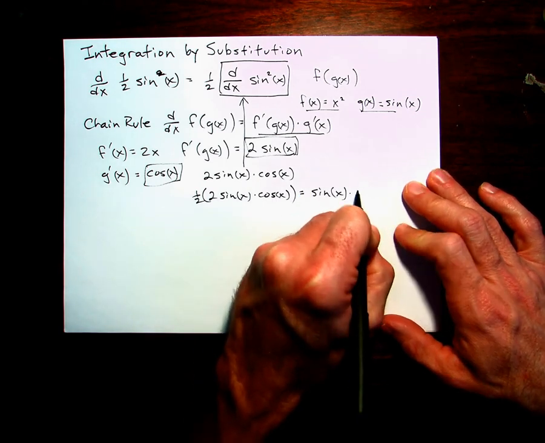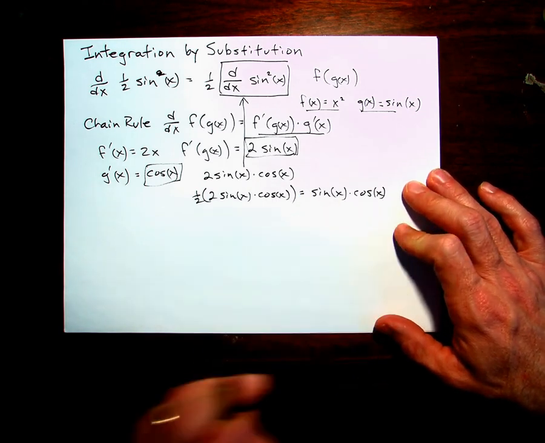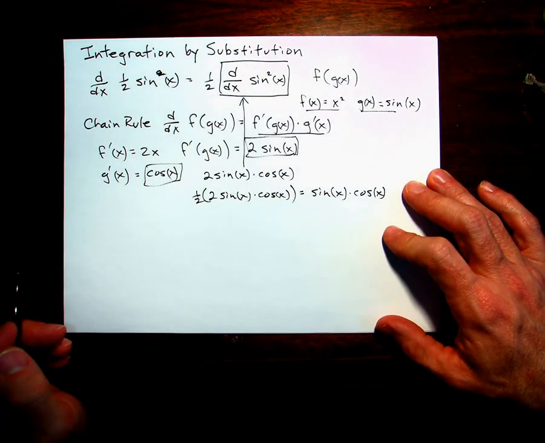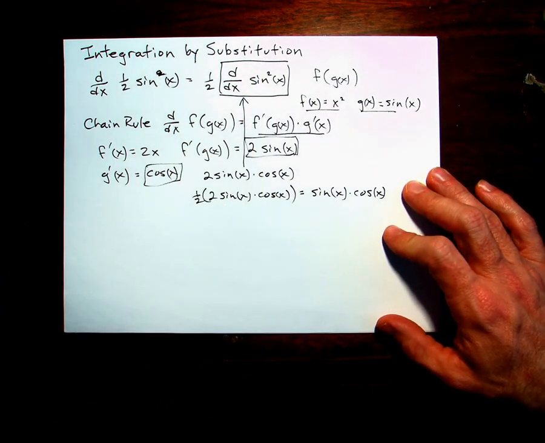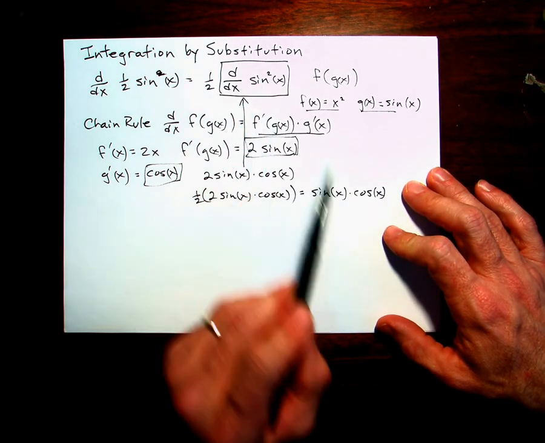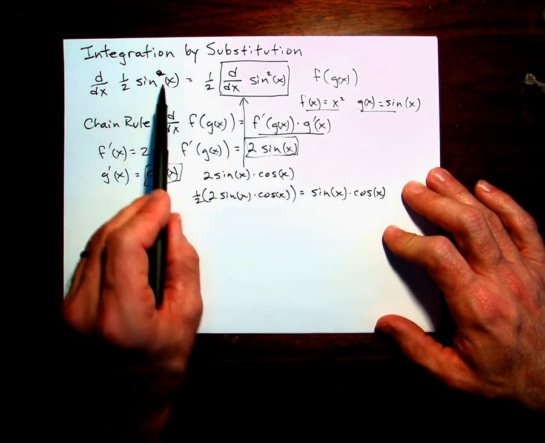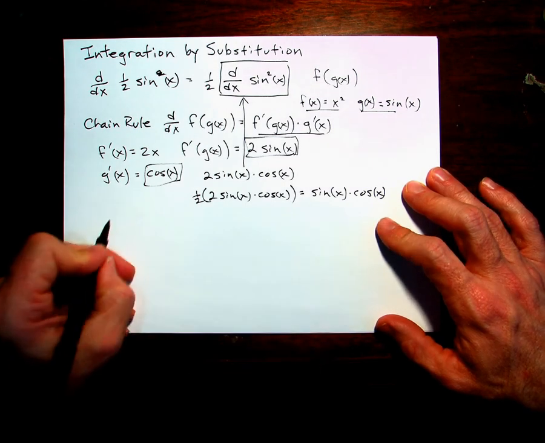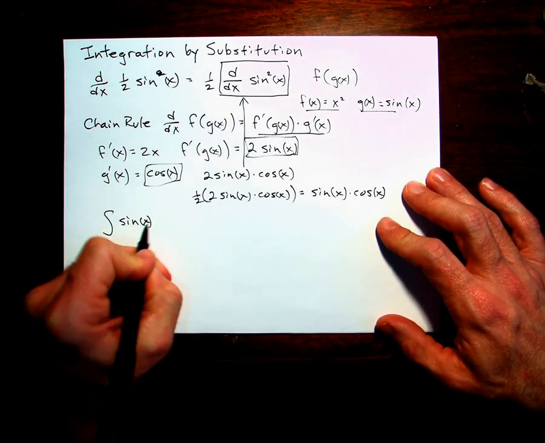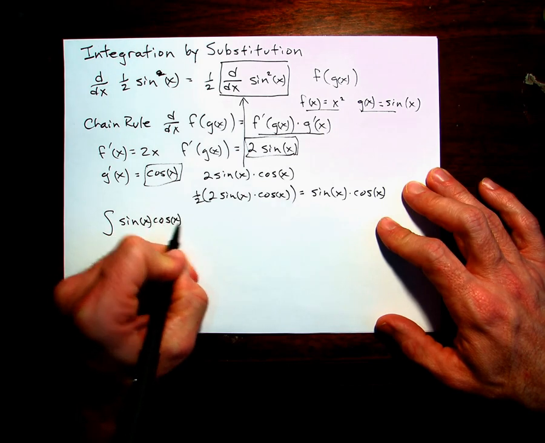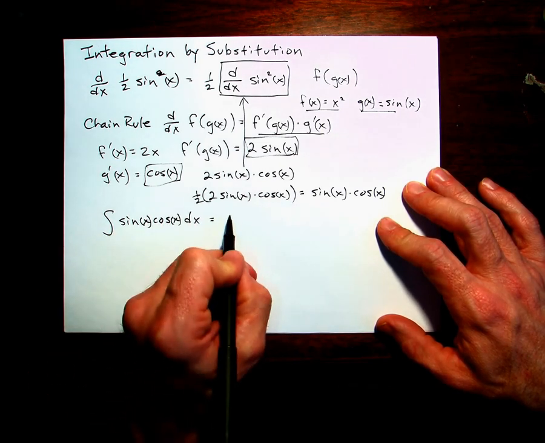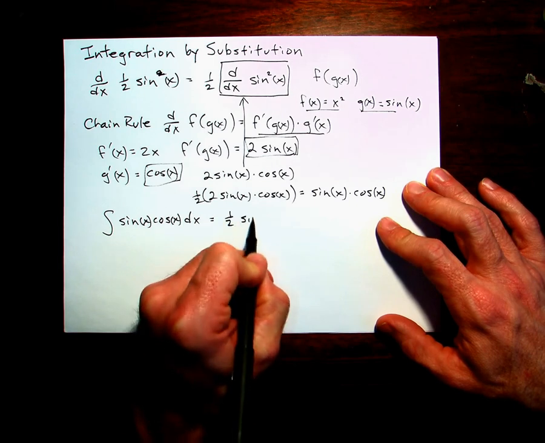All right, so as I said at the beginning, substitution undoes the chain rule. Let's first use what we know from the fundamental theorem of calculus. We know that if the derivative of 1/2 sine squared is sine x cosine x, then the antiderivative, or the integral, of sine x cosine x is 1/2 sine squared.